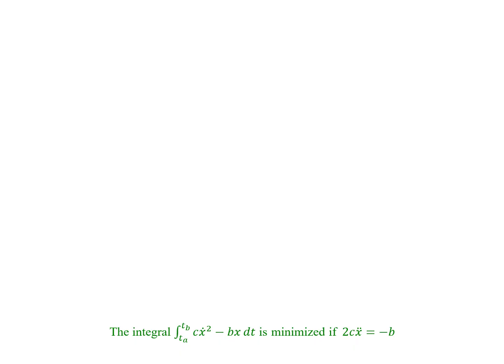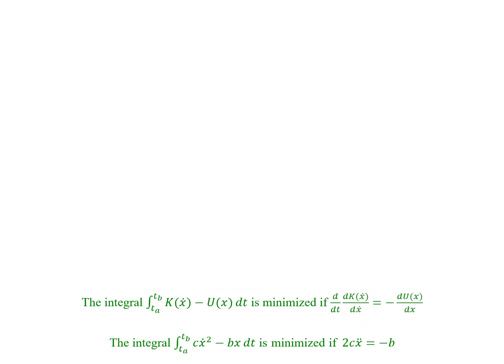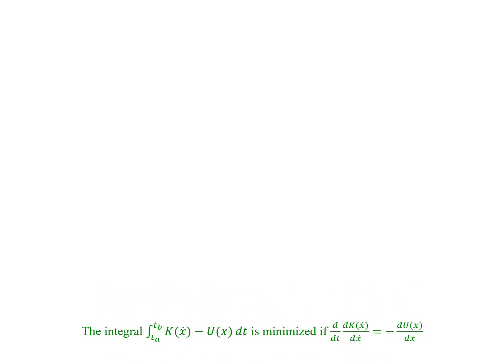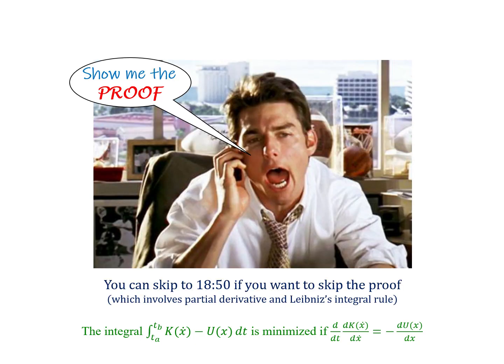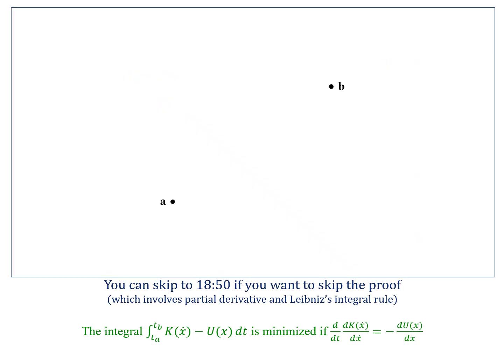The green statement below can be generalized as: the definite integral of K of x dot minus U of x is minimized if d by dt of dK by dx dot equals negative dU by dx. Do you want to see the proof? Well, let's prove it then.